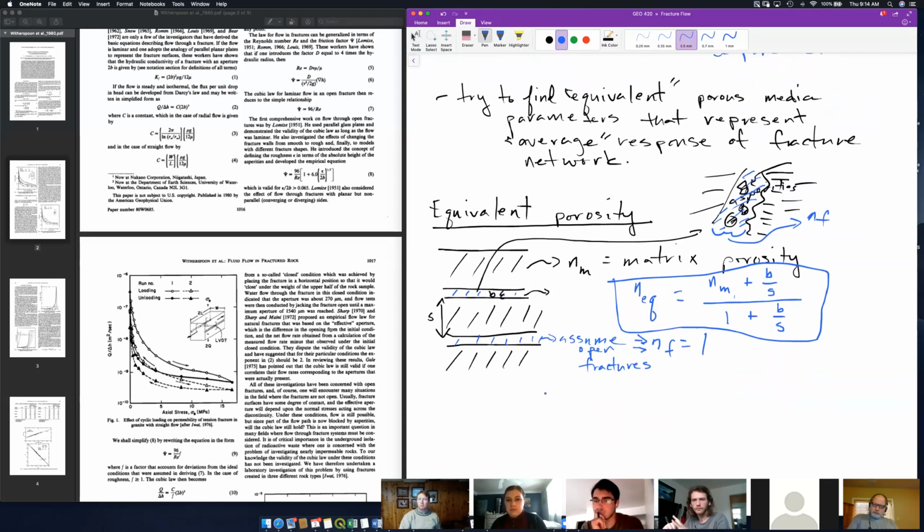All right, so let's think about what this equivalent porosity looks like. So I want you guys to calculate. One of the formations that I work in is the Garnet Stock up in Lubrecht. All right, and the Garnet Stock, the average fracture aperture we think is about 1 × 10⁻⁶ meters.